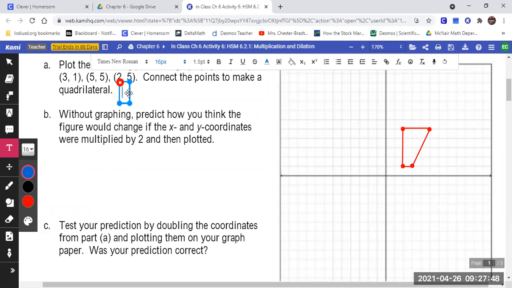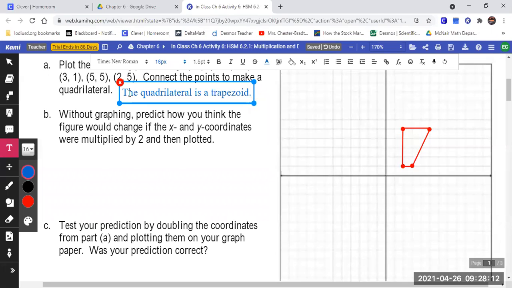That's only got one pair of parallel lines and the other ones are not parallel. Starts with the letter T. Not a triangle, because triangles only have 3 sides. Great, you got it, Brian. Trapezoid. That's one of those really weird words.